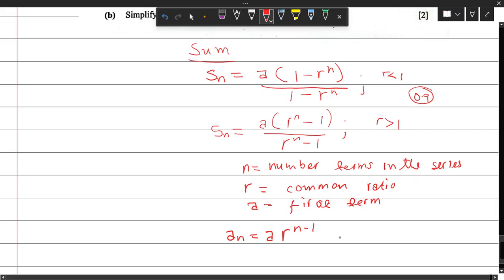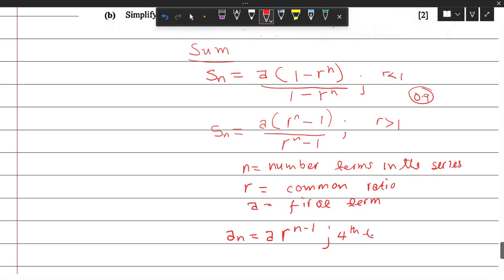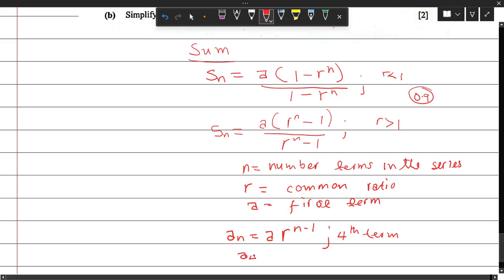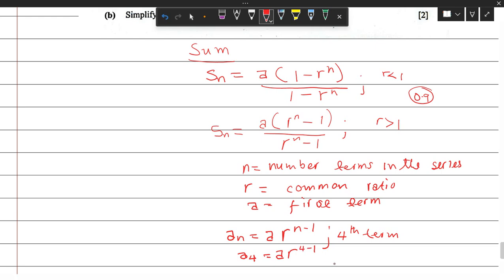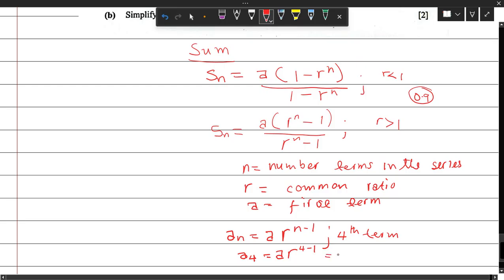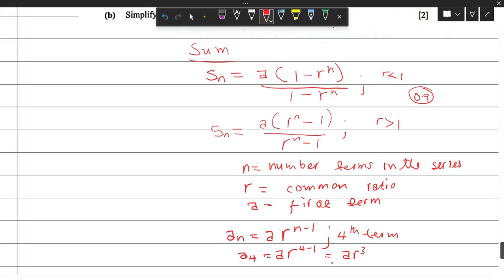If I ask you, for example, to find the fourth term, we use this formula. It will be A subscript 4, since it's the fourth term, then whatever the first term is, whatever r is, to the power n minus 1, which is 4 minus 1. So our formula simplifies to A r to the power 3.